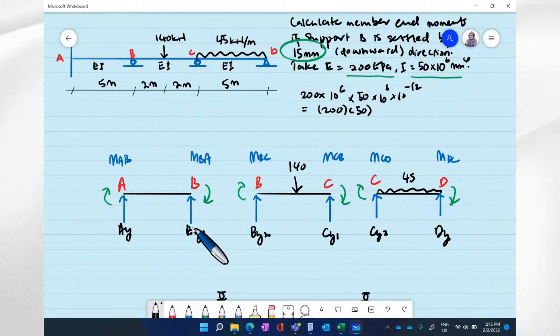So we should label like this, BY1 and BY2, because when we combine these, BY1 plus BY2 is equivalent to BY. CY1 and CY2, because one belongs to BC and another to CD, so we should put different labels, because the total CY1 plus CY2 is equivalent to CY.